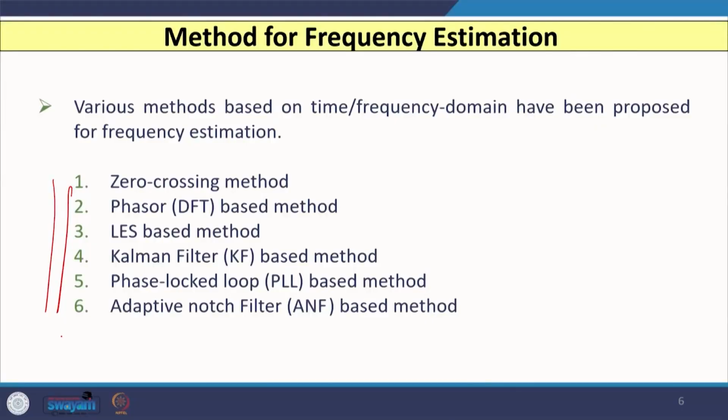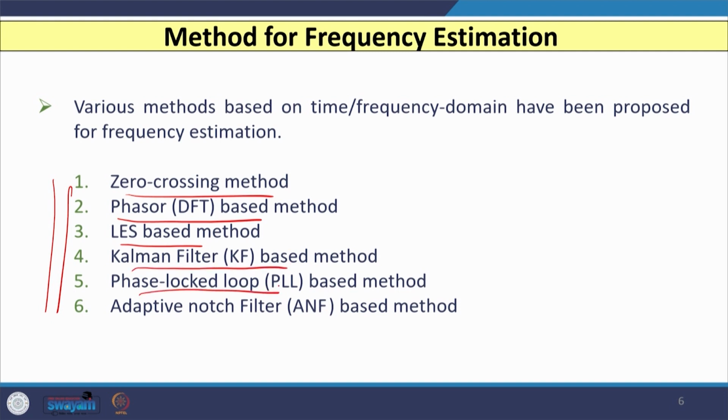Various methods are suggested by different researchers, and these methods are either time domain methods or frequency domain methods. The several important methods I have listed here. The first important method is known as the zero crossing method. The second method is phasor or DFT based. The third is LES based. The fourth is Kalman filter based.